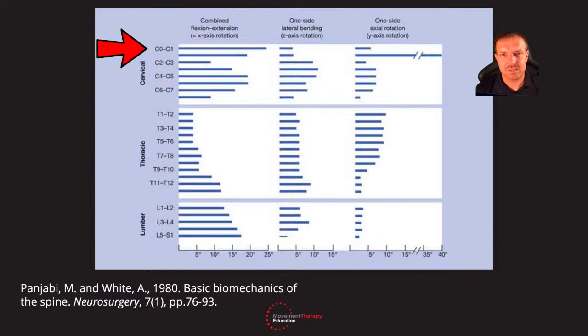So you have a look, this is C0-C1, so these are movements in the neck. Then you've got thoracics. So have a look at that. This is where it's really interesting. So lots of flexion extension in the neck, in those upper vertebrae, not so much in the thoracics, but it gets more as you go down.